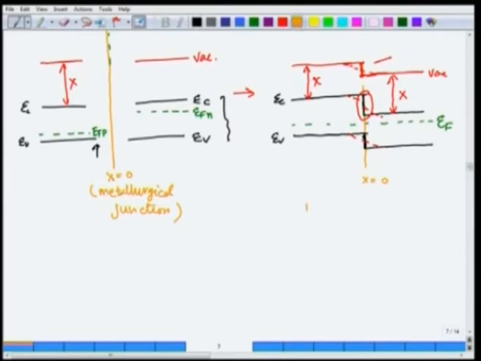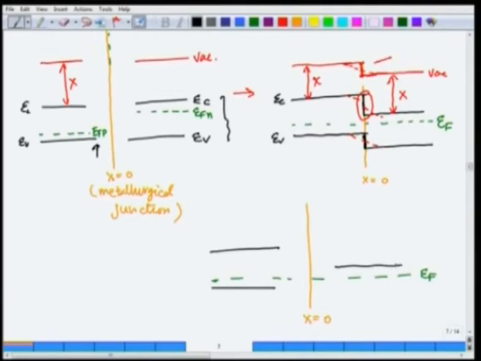Here is a metallurgical junction, x equal to 0. This time I am again going to draw the Fermi level. Here is the Fermi level, EF. Now I am going to draw this p type semiconductor, but I will not go all the way to the junction, I will stay away from it a little bit.